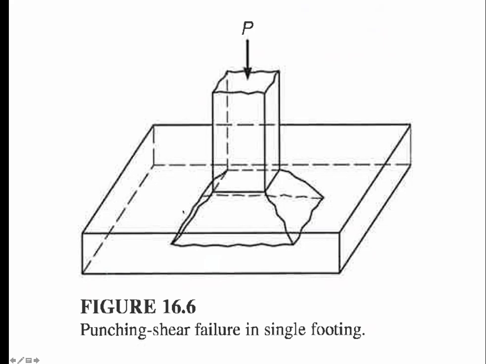It's going to have vertical sides, and that will represent our shearing surface. That's considerably easier to handle mathematically in the equations than dealing with this pyramid type shape of punching through with an angle like this.